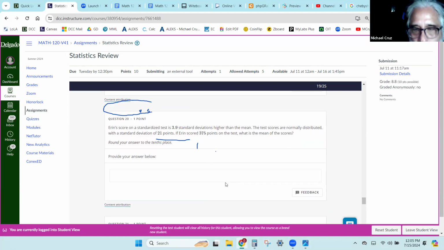All right, Aaron's score on a standardized test is 3.9 standard deviations higher than the mean. The test scores are normally distributed with a standard deviation of 20 points. If Aaron scored 375 points on the test, what is the mean? All right, so we basically got to use the z-score formula.